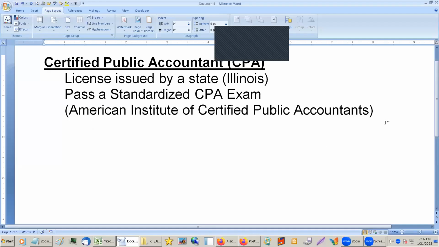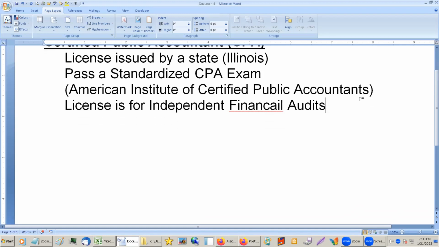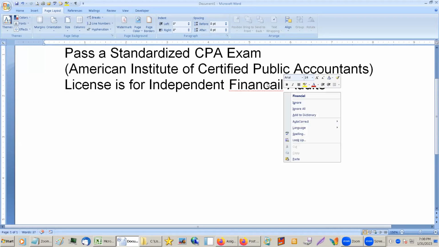Now it's a license. It's a very narrow license, unlike a driver's license that you can use every day, and is very, very valuable. The license is for independent financial audit.